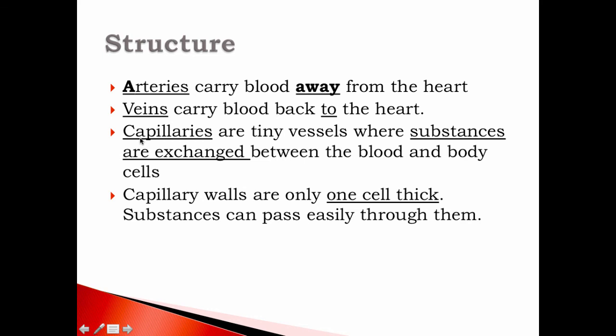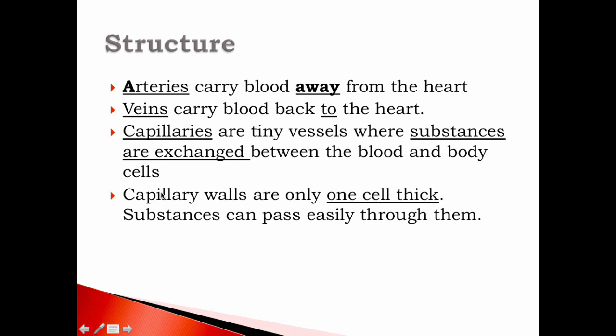So after a capillary ends, it turns into a vein. Once veins go all the way to the heart and they leave the heart completely, it goes back to an artery. So arteries will always be colored red because they tend to have oxygen-rich blood, and veins tend to be colored blue because they have oxygen-poor blood.